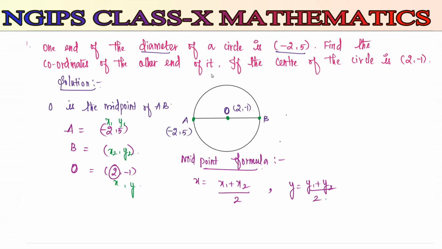So I can write here 2 is equal to x1 value, which is minus 2, plus x2 value, x2, divided by 2. Here we have the y point, minus 1, is equal to y1 value 5 plus y2 value, the unknown variable y2, divided by 2.